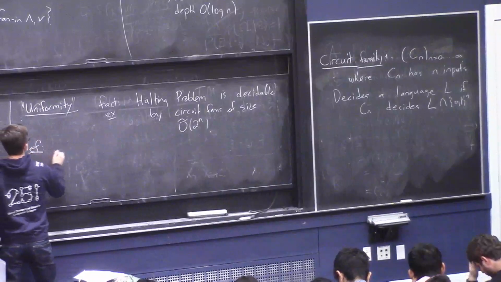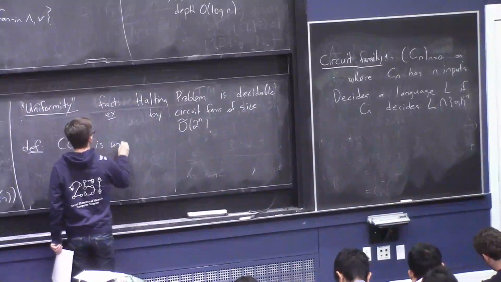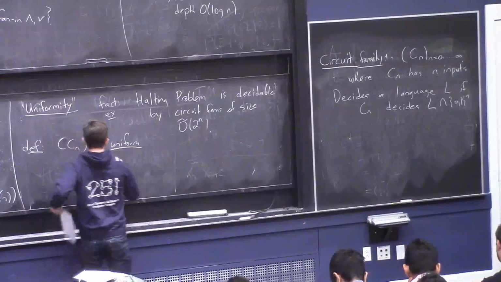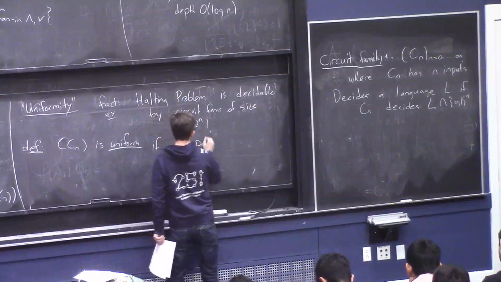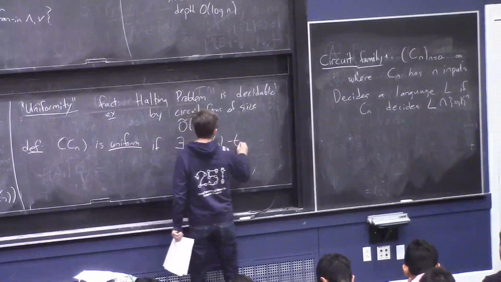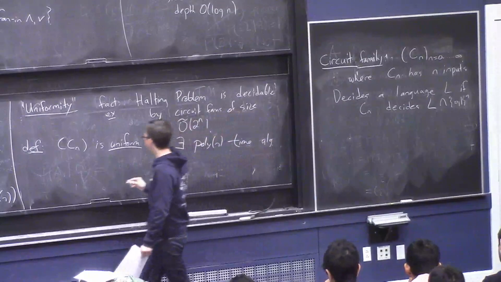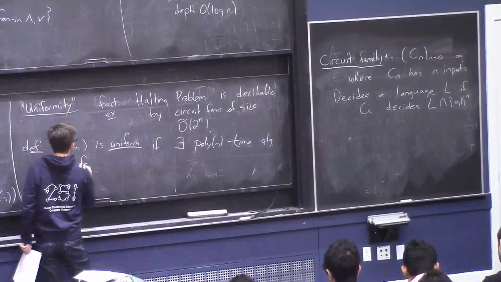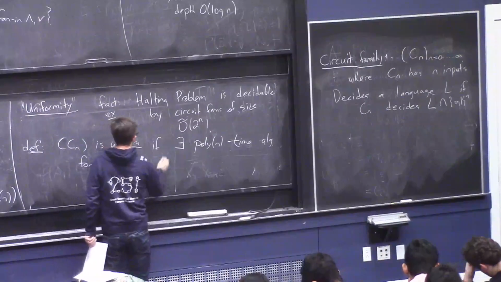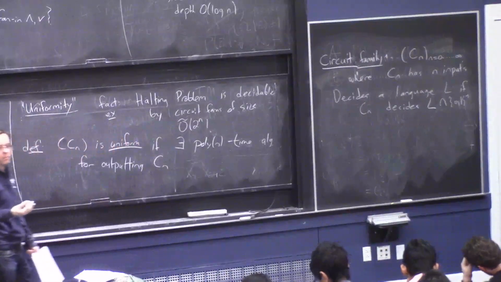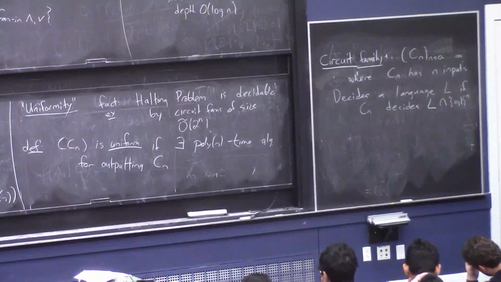One says that a circuit family C_n is uniform if there exists an efficient algorithm, like a Turing machine algorithm, or I don't know, a Python algorithm or whatever, that runs in time poly(n) for outputting the nth circuit. What it means is you should have some algorithm that you tell it 100, and in poly(100) time, it prints out the circuit for length 100.